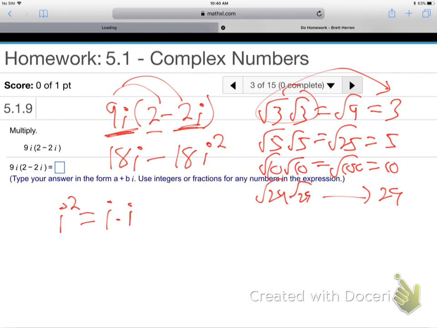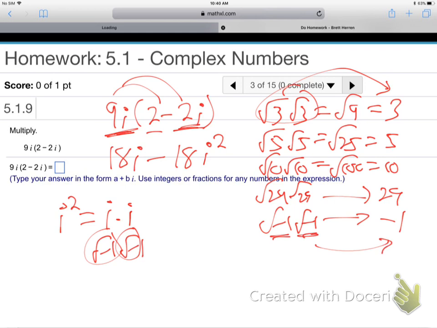And what's i again? Square root of negative 1, right? So what's square root of negative 1 times square root of negative 1? Negative 1. Isn't that the rule? Two identical, one comes out. Right? Is that good? That makes sense?